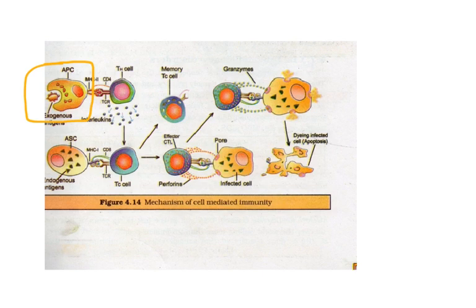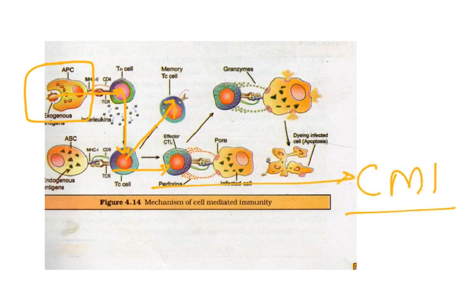They have MHC class 2 molecules. They present the antigen to the T helper cell. The T helper cells are going to present these to the T cytotoxic cells. They again differentiate into T memory cells and T effector cells, and effector cells are going to destroy the microbe with the process called cell-mediated immunity.